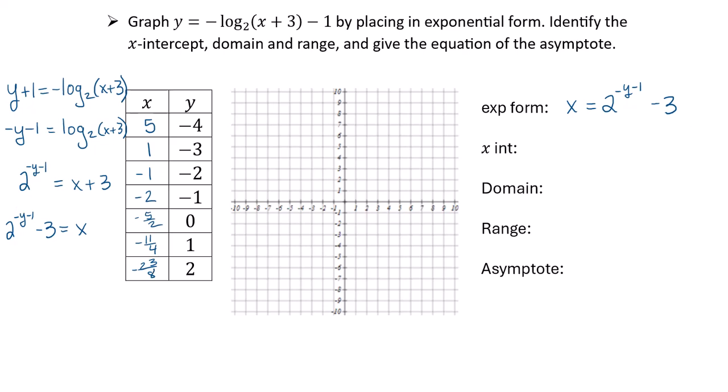Now I can go ahead and start graphing. 5, negative 4, 1, negative 3, negative 1, negative 2, negative 2.5, 0, negative 11/4, this would be 4/4, 8/4, 12/4, so we back that off a little bit, and I'm up at 1.